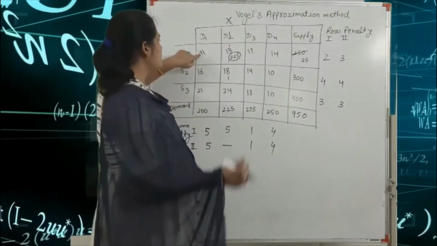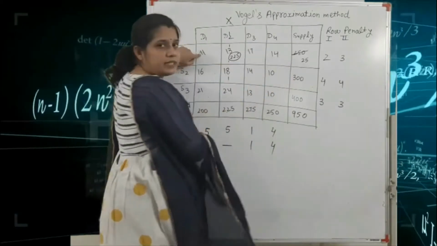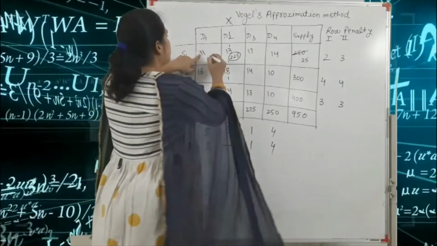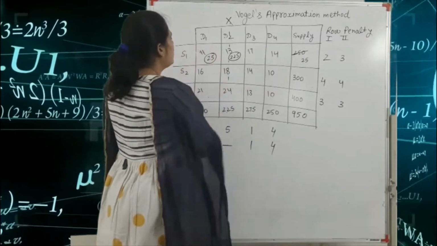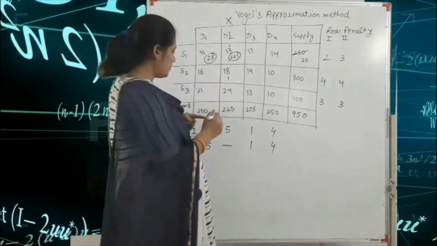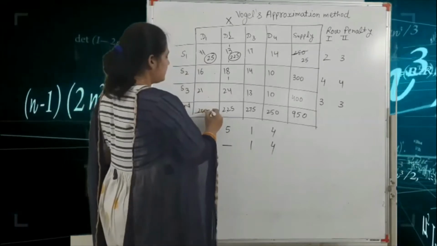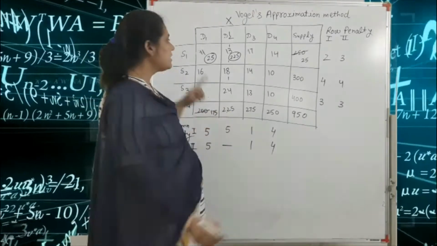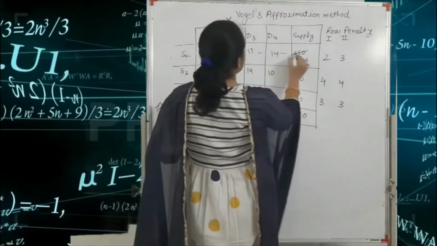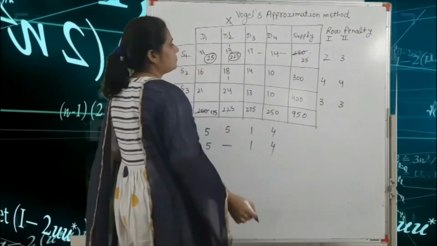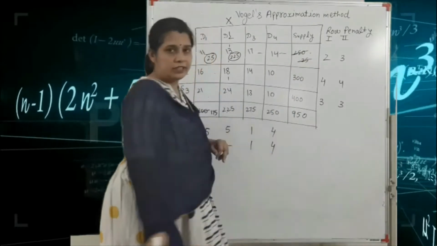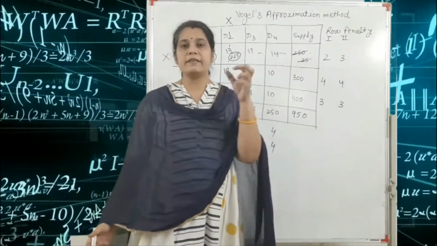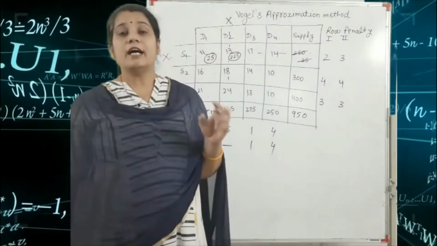According to 11, the supply is 25 and the demand is 200, so we write 25. Then we write 200 minus 25, that means 175. Got it? And here your first row is cancelled. So with the help of the second row penalty and column penalty, we make the second allocation.